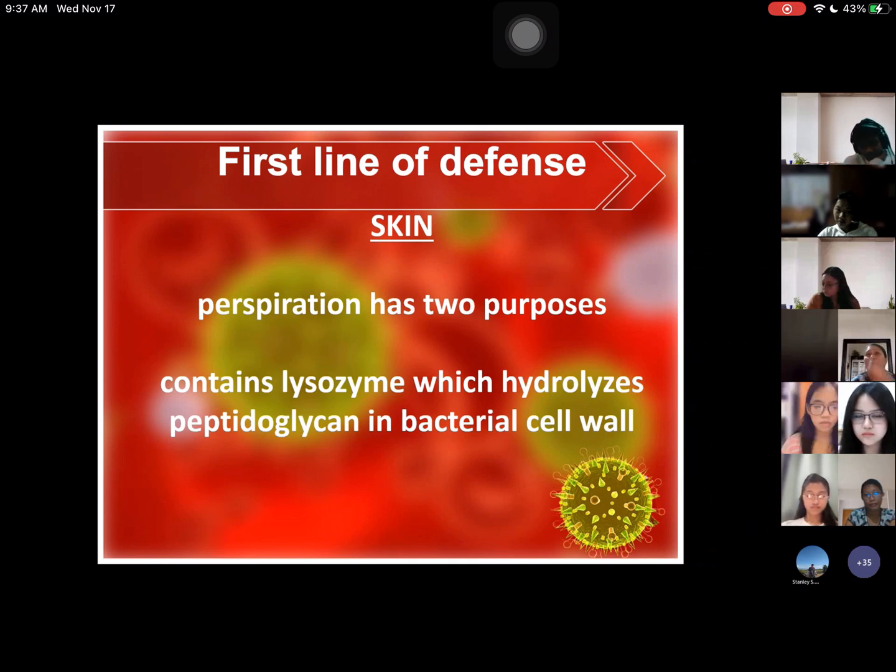So just remember that one of the reasons why infection does not always occur is because of these antibacterial factors, like we have in our tears, in our saliva, in our perspiration, that contain lysozyme.